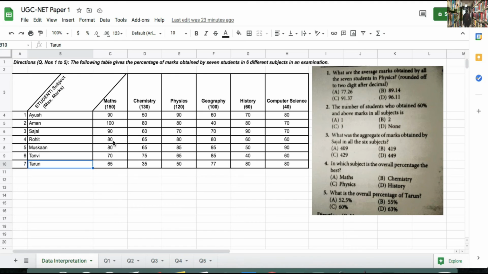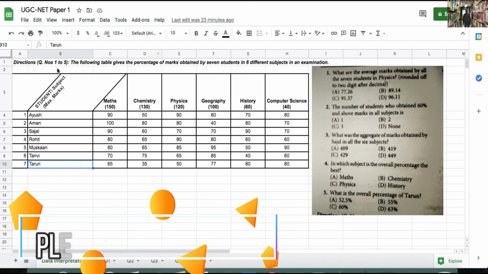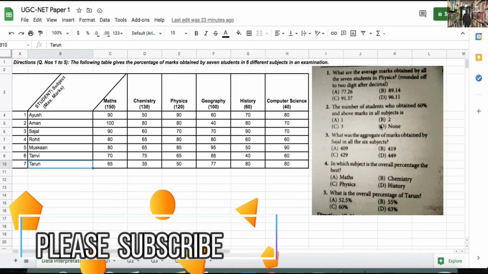So people should not make a mistake, they should read the question very carefully, the directions very carefully and the questions. If you don't get any of the options, that means your calculation is wrong. This is one section where you can score 5 out of 5 very easily.